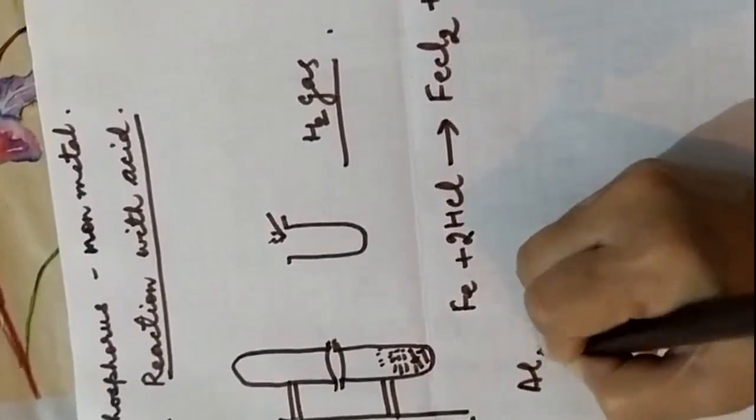This activity can be repeated by taking aluminium, you can take zinc, and the same activity is repeated. How the aluminium reacts with hydrochloric acid: again, hydrogen gas is liberated, aluminium chloride along with hydrogen gas.